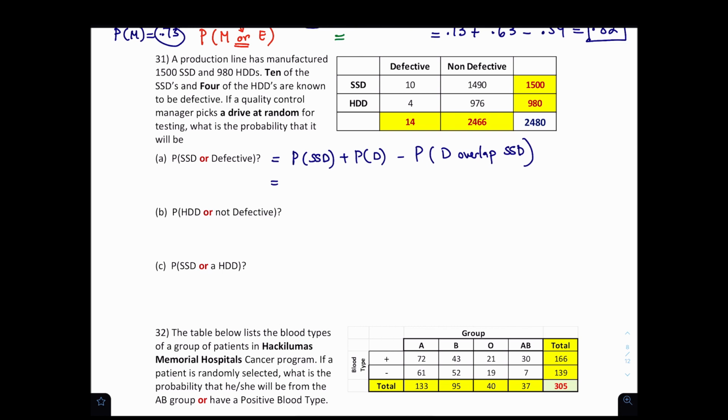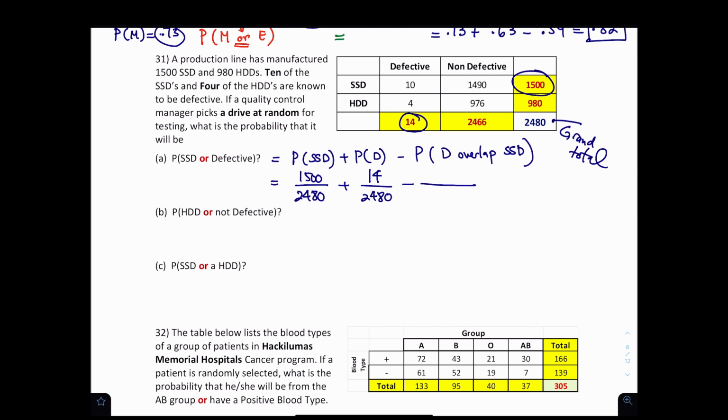Well, what's the probability of getting an SSD? The probability of getting an SSD is the total SSDs, which is 1500, divided by the grand total, plus the probability of getting a defective, which is the total number of defectives, which is 14, again divided by the grand total.